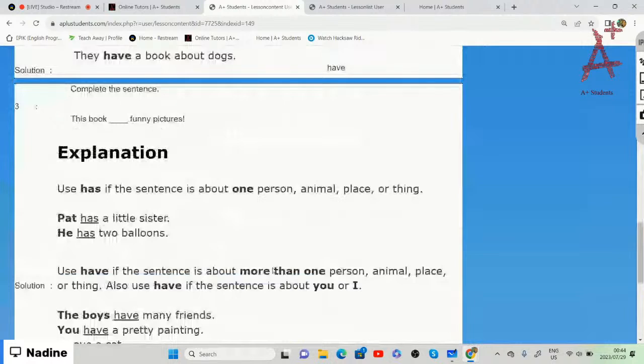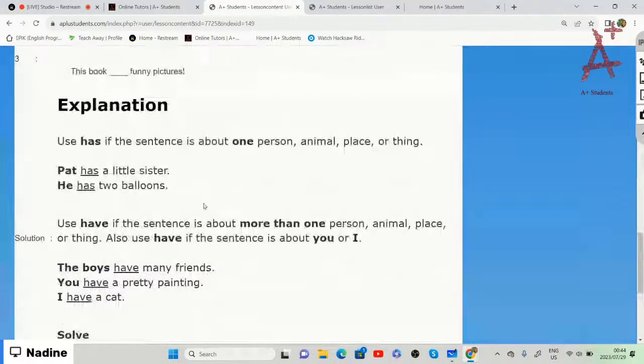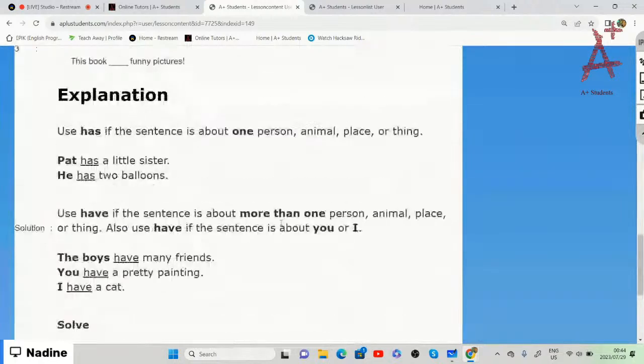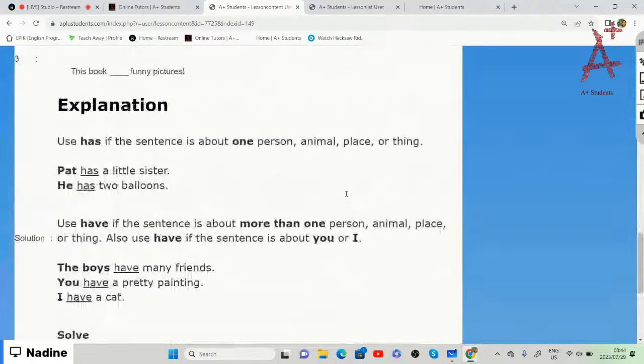This book: is it "has funny pictures" or "have funny pictures"? We can say this book has funny pictures. Has, right? Funny pictures.